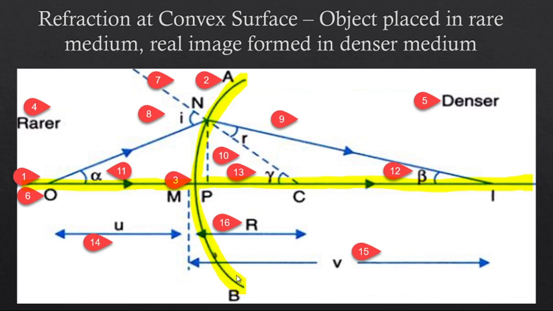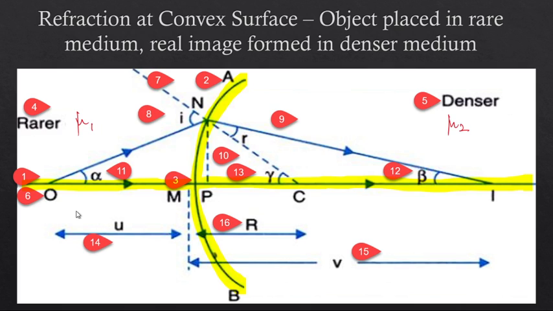Is it clear? Next, identify the media. This is the rarer medium, whose refractive index is represented as mu1, and the denser medium has refractive index mu2.